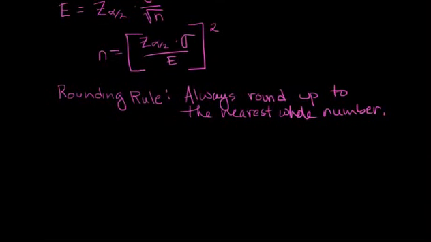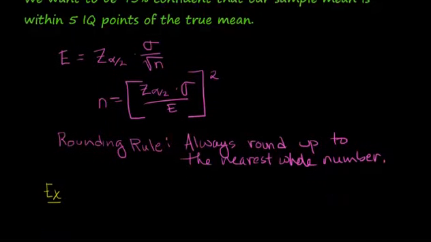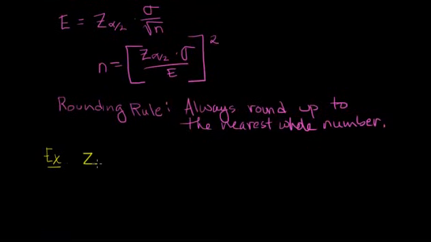Okay, let's look at an example. Say our example that we're working was a 95% confidence, right? That tells us z alpha over 2 is z.025, and we know from experience now that's 1.96.